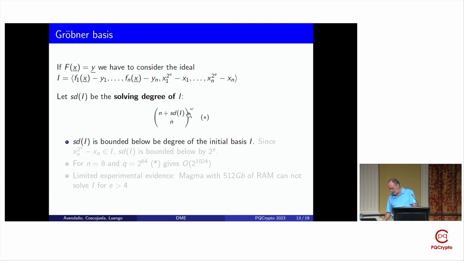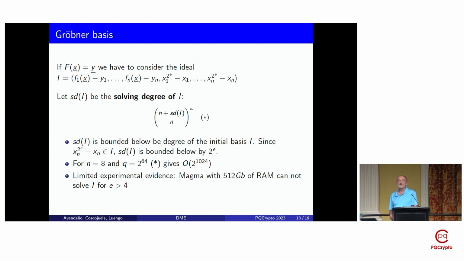We have this well-known formula for an upper bound for the complexity using F5, where SD(I) is the solving degree of I. Of course, the solving degree is higher than the degree of the original basis. And in the original basis, we have this very big exponent. That means this upper bound will be a very big security margin.